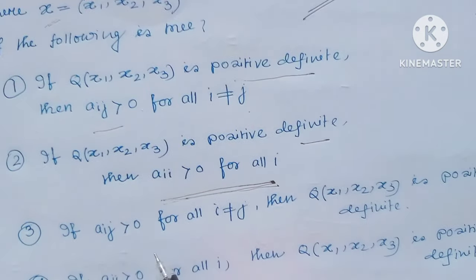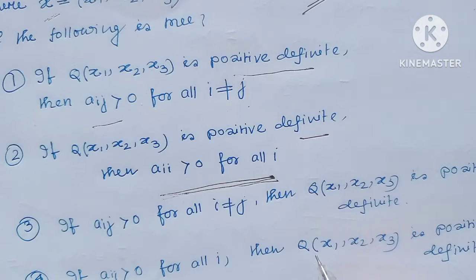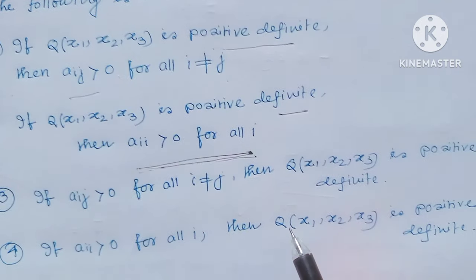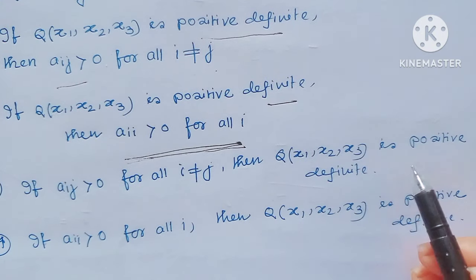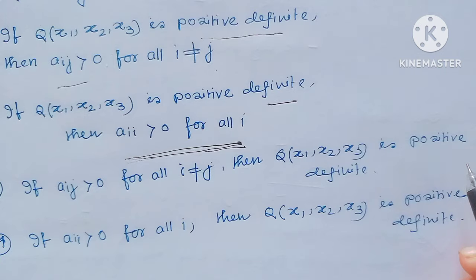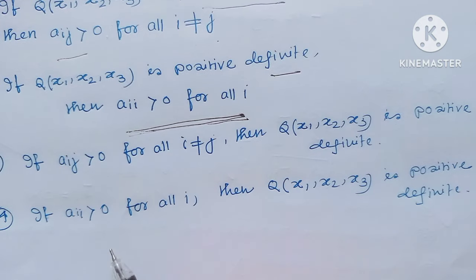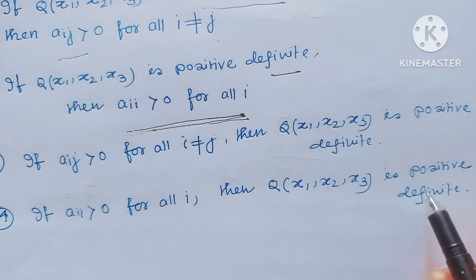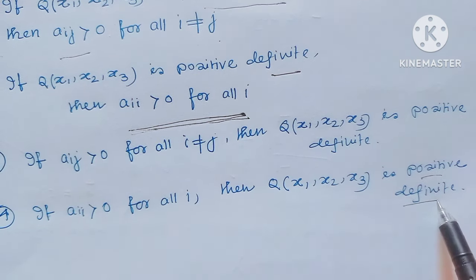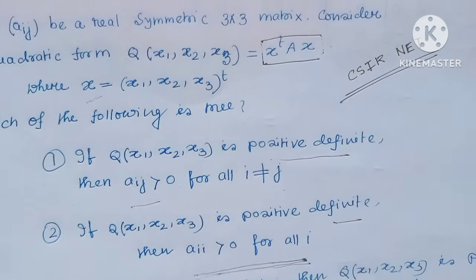Option 3: if aij is strictly greater than 0 for all i not equal to j, then Q(x1, x2, x3) is positive definite. And option 4: if aii strictly greater than 0 for all i, then Q(x1, x2, x3) is positive definite. Which of the following are true options?